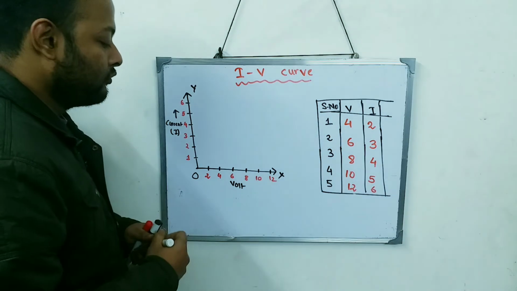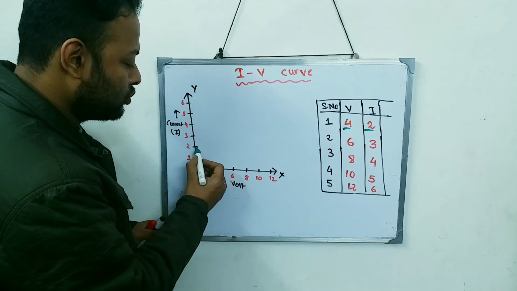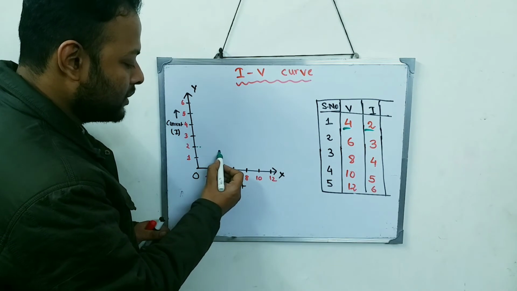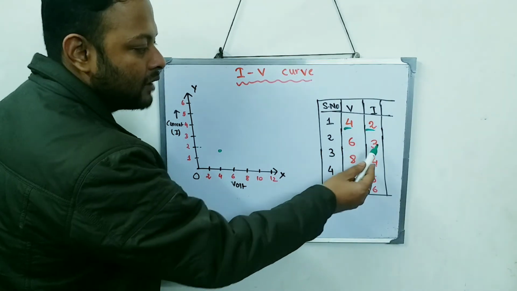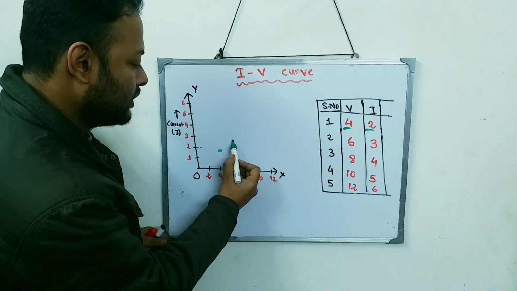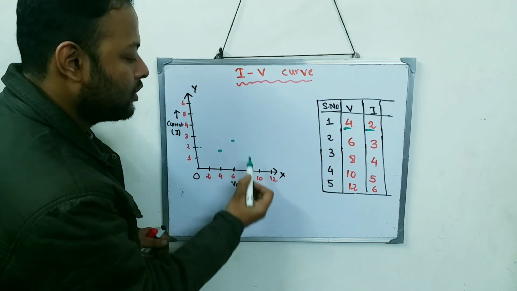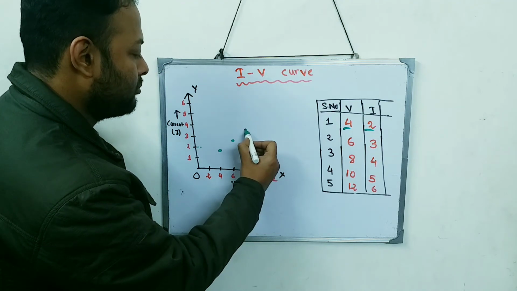See, for 4 volt I am getting 2 ampere. So for 4 I am getting 2. So this is where both of them meet, right? Now for 6 volt I am getting 3 ampere. So for 6 I am getting 3. So somewhere over here the point lies. For 8 volt 4 ampere. So for 8 I am getting 4 ampere.